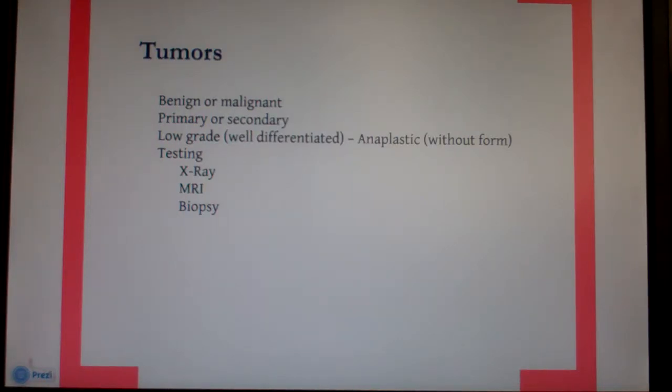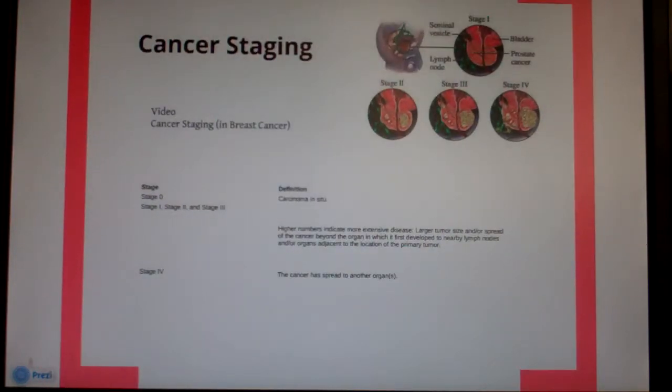Other than mentioning testing of tumors, X-ray, MRI, biopsy, however you have to get to it, biopsy is obviously the best because you can tell for sure what kind of cancer it is. All right, let's look at cancer staging and talk about that for 1 second.